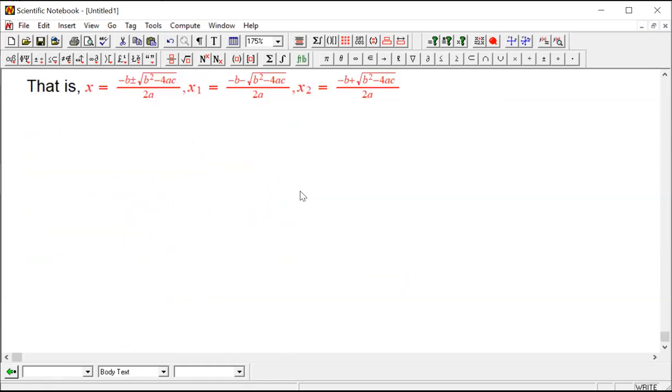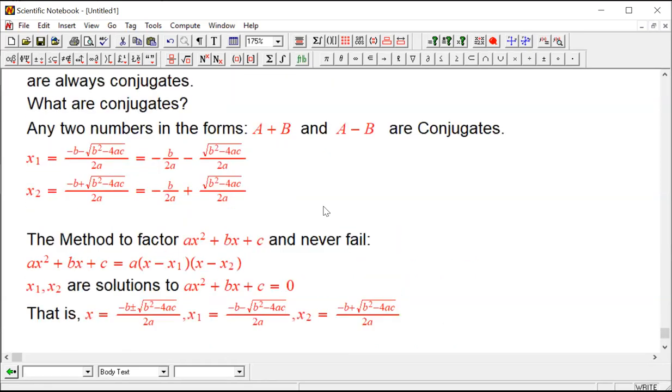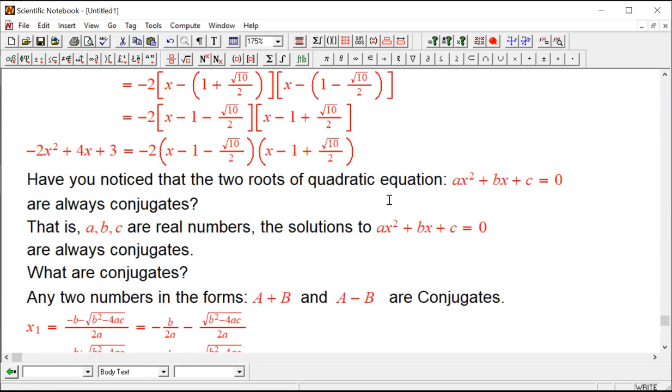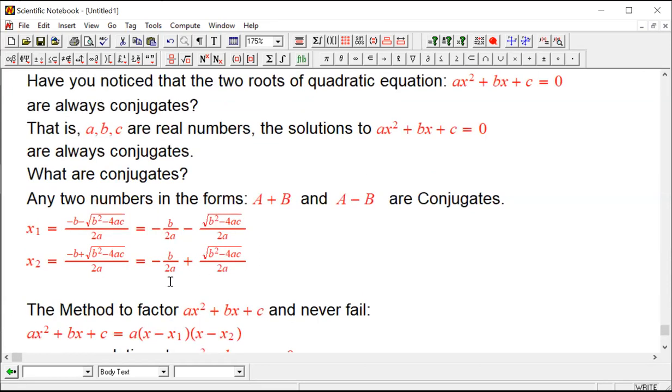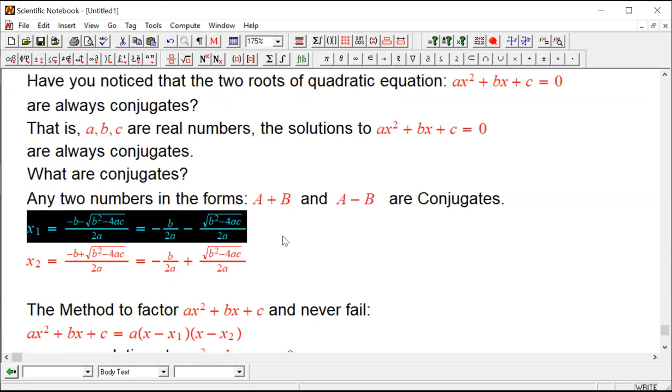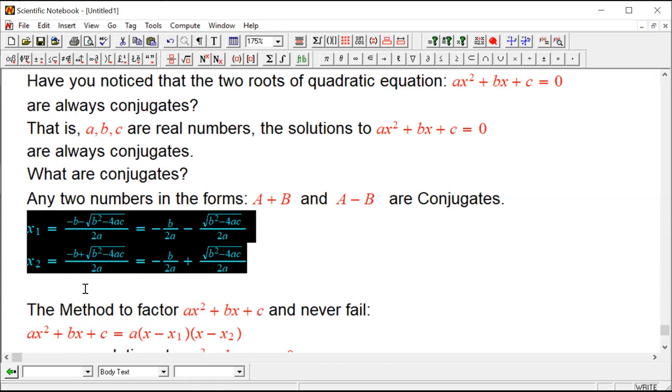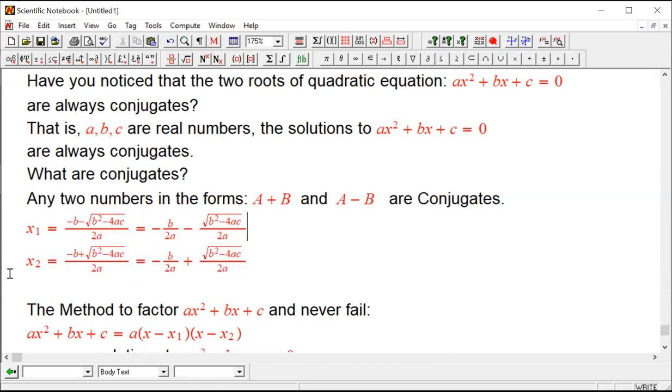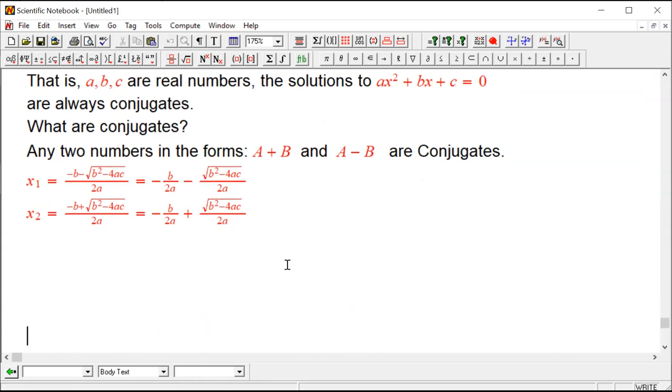Now we know that for this quadratic formula, the two solutions are conjugate to each other. x sub 1 is such, x sub 2 is such. Look at this: if we take x sub 1 plus x sub 2, what do we get?